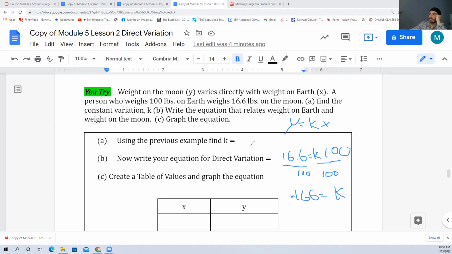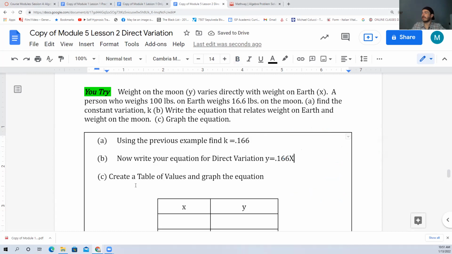So k is equal to 0.166. Now write your equation for direct variation. Okay, well, that's y is equal to k, which is 0.166 times x.